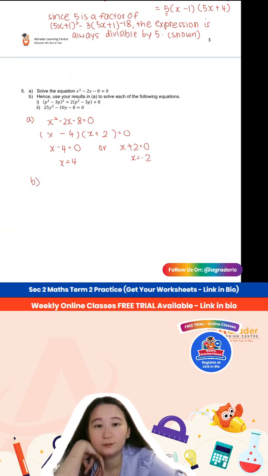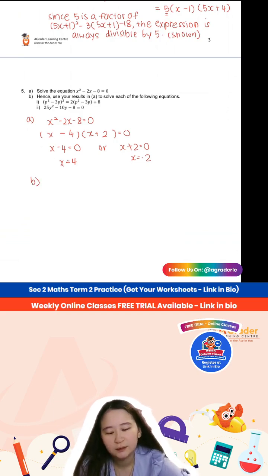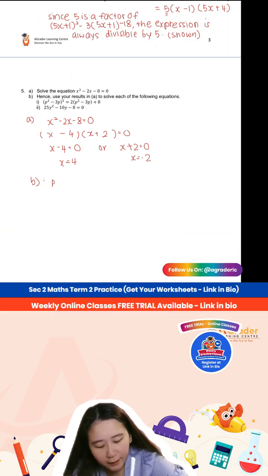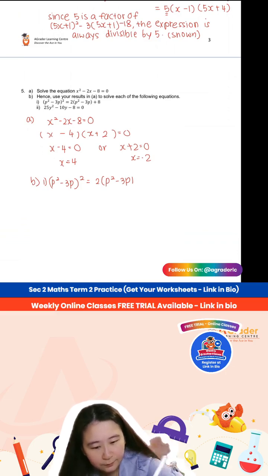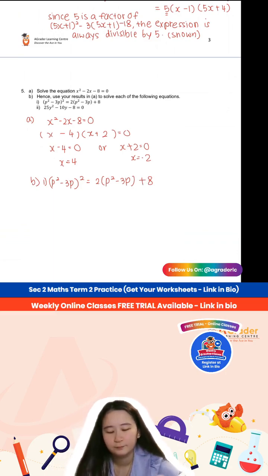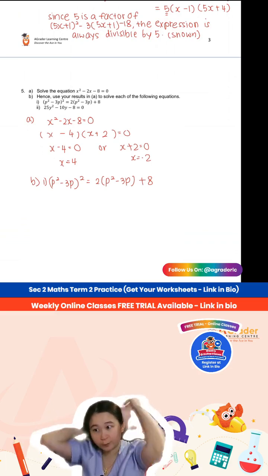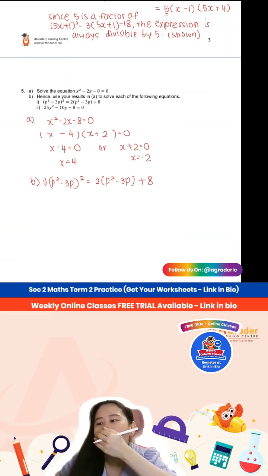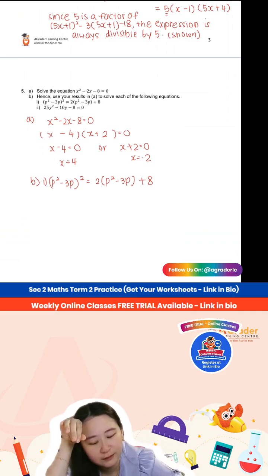Hence, use your result in A to solve each of the following equations. So we have part 1, p squared minus 3p, the whole squared, minus 2 times p squared minus 3p minus 8 equals 0. So we can replace our x with p squared minus 3p for our first equation.